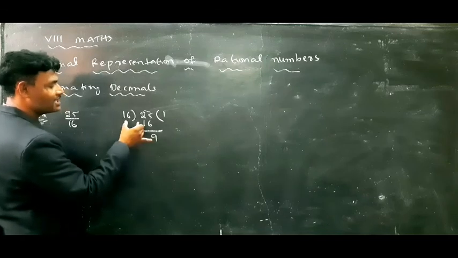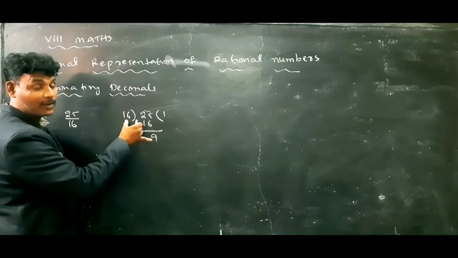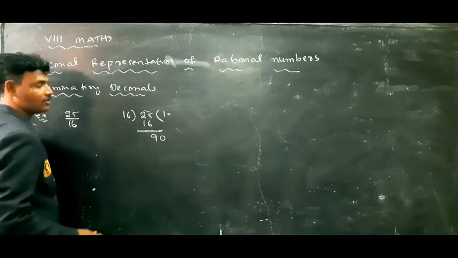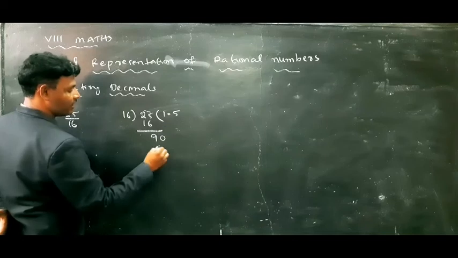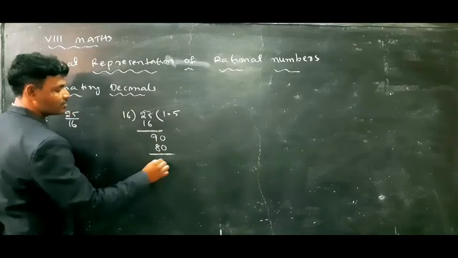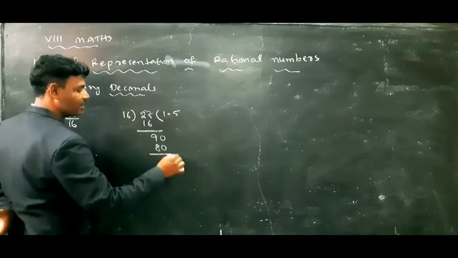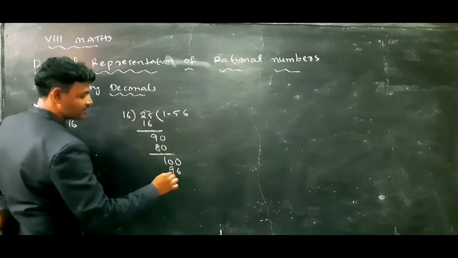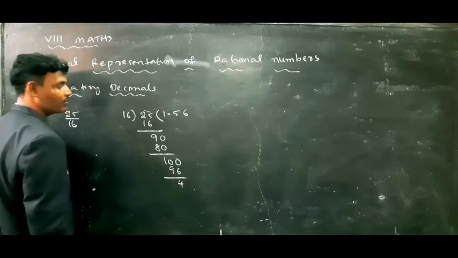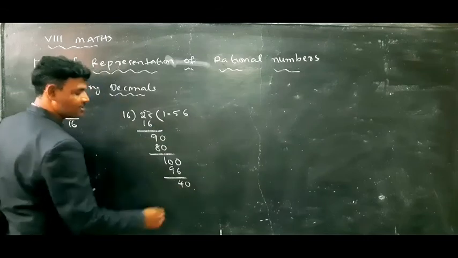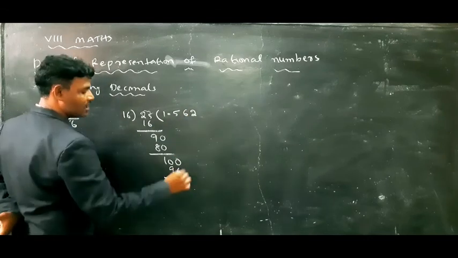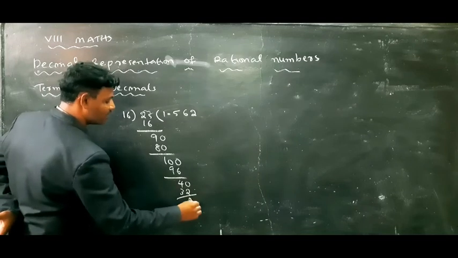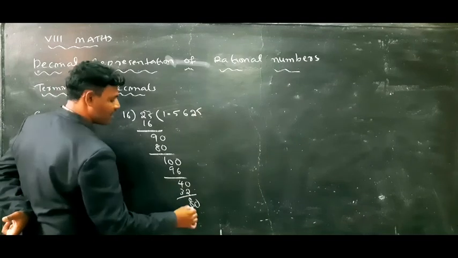Remainder is less than the divisor, so it is not possible to divide. I take a decimal point and keep a 0 here. 16 5s are 80, remaining 10. Once again, decimal there, we take another 0. 16 6s are 96, remaining 4. Decimal there, we take another 0. 16 2s are 32, remaining 8. Decimal there, take a 0. 16 5s are 80.